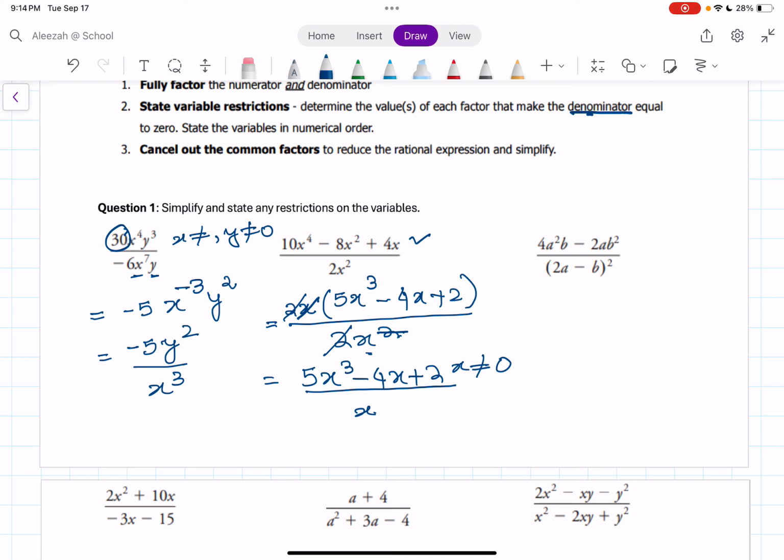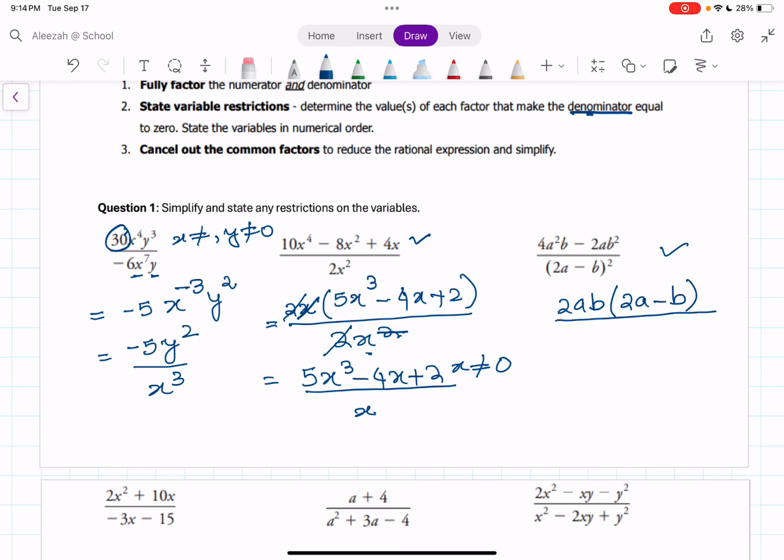So in this question, again, we have a polynomial in the denominator and the numerator. If you look at the numerator, we can take a common factor, which is 2ab. If I take 2ab as a common factor, I'm left with 2a minus b.